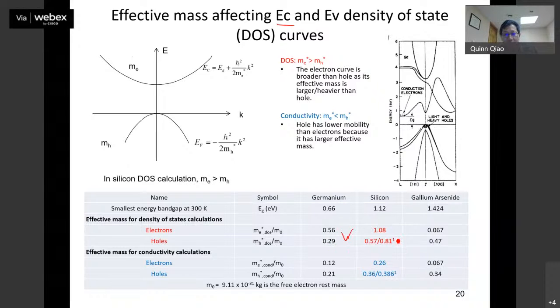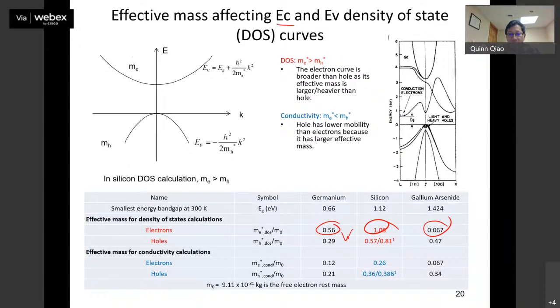In silicon, it's also the same thing. Except for gallium arsenide, where the effective mass is smaller for the electron.